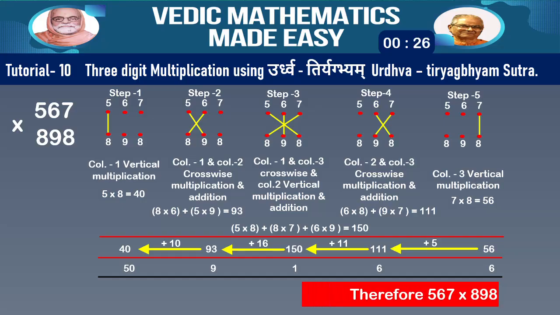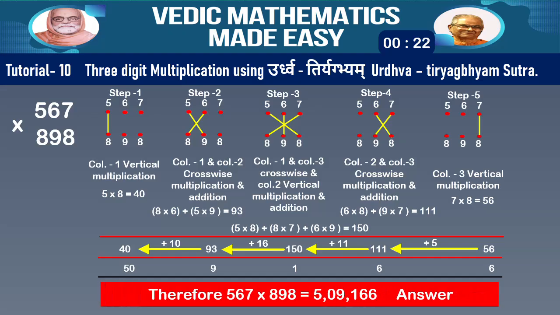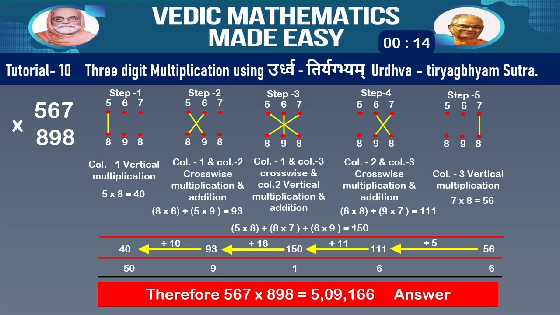Therefore, 567 into 898 is equal to 509,166. That is the answer. Hope you will solve number of problems without drawing the step diagrams and mentally solving within seconds you will get the answer. Try, friends.